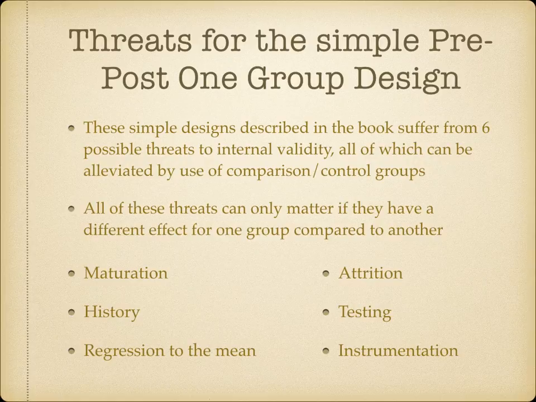Maturation, that's the fact that over time, participants change. History, while being in a study, outside events may occur that could change how you respond to what's going on in the study. Regression to the mean is a measurement issue. Sometimes when we measure people, they appear to be exceptionally high or exceptionally low, and it's somewhat due to just the random luck of how they were scored, not really measuring their true value on the testing instrument.